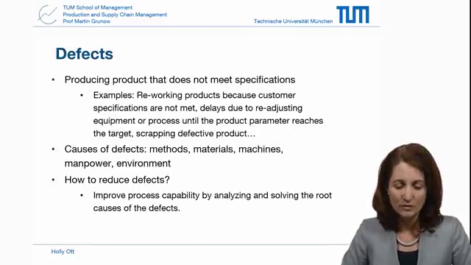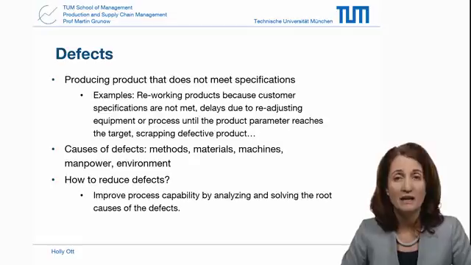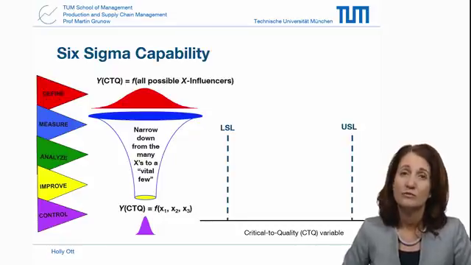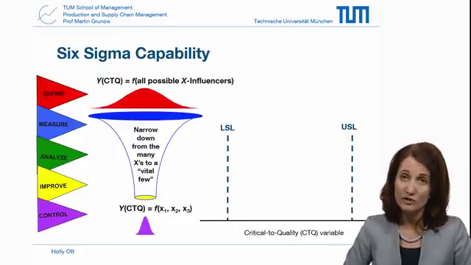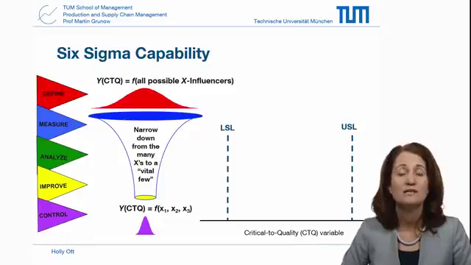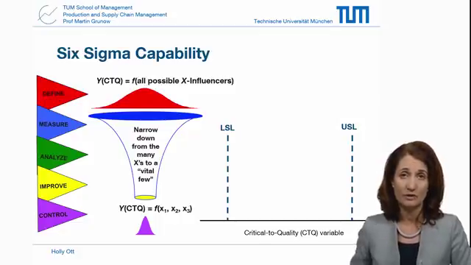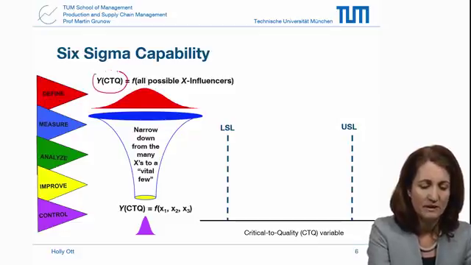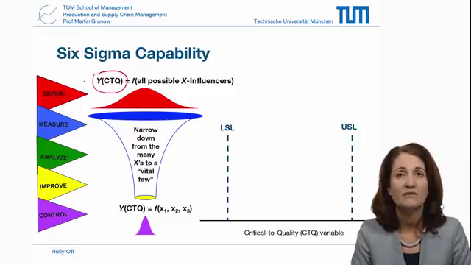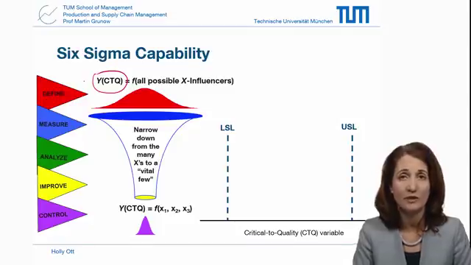Well, we can improve process capability by analyzing our process and solving for the root causes of the defects. And without recapping the topics of the first 2 courses, we know that Six Sigma does exactly this. Six Sigma tackles defect reduction by identifying the critical to quality output parameters, which we called Y, and identifying the factors that influence or affect these critical to quality parameters.